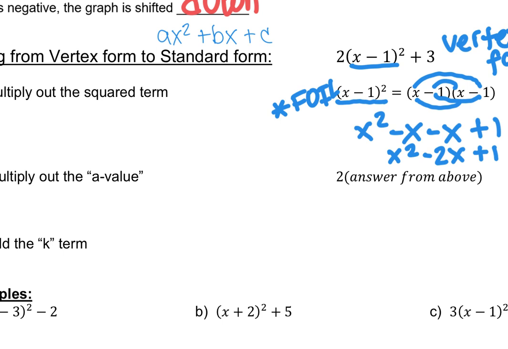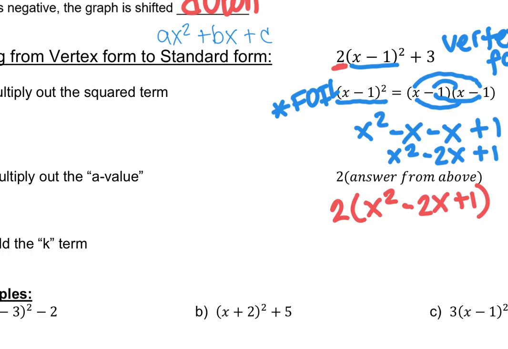The second step is multiply out the a value. So here's our a value. It's that number in front of the parenthesis. So you will take that 2 and put that in front of what we found in the step above. So 2 times this x squared minus 2x plus 1.